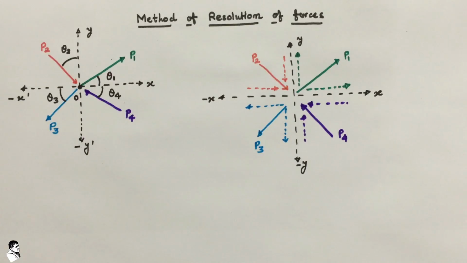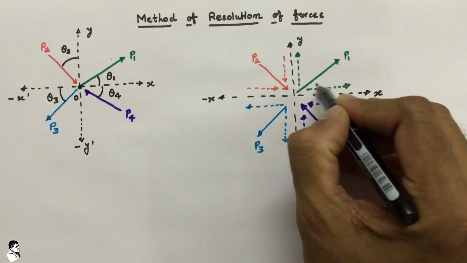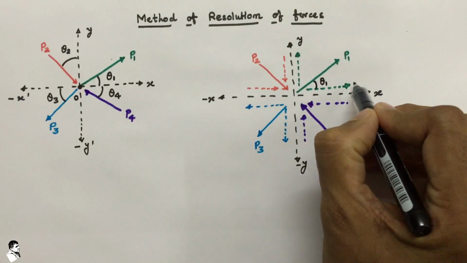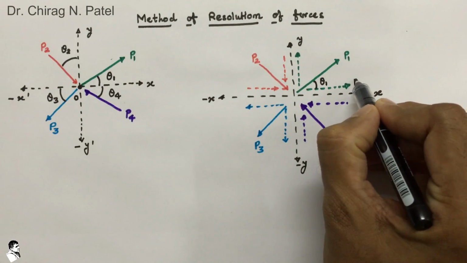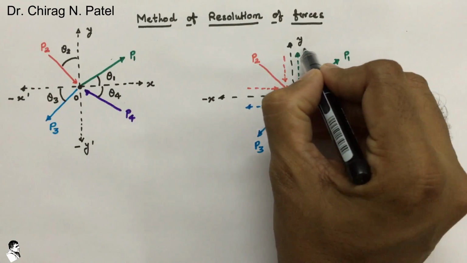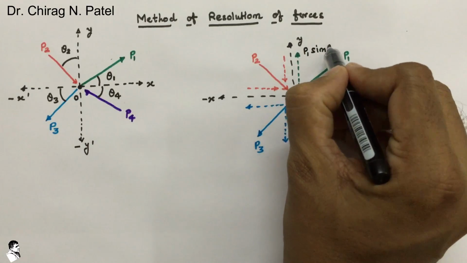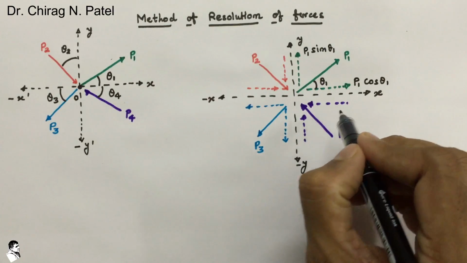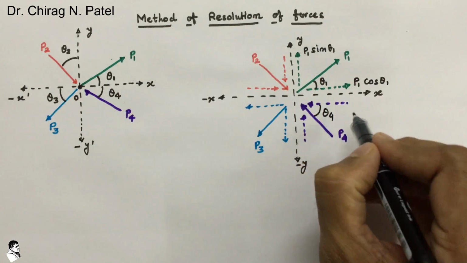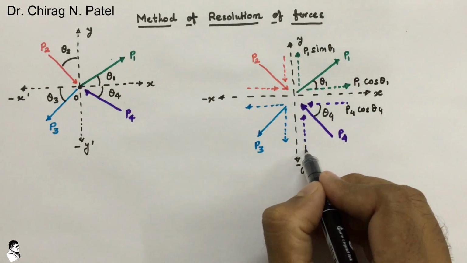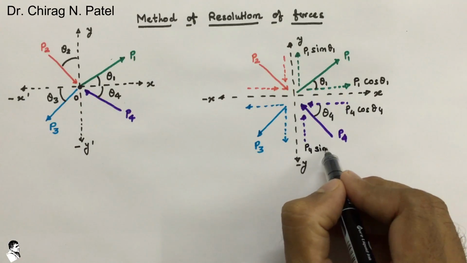Now the angles are given, so we can directly write down, considering force P1 with respect to x, if this is theta 1, using cos, this is P1 cos theta 1, and this one is P1 sin theta 1. These are the two resolved parts of force P1. In the same way, if this is theta 4, then P4 cos theta 4 and here P4 sin theta 4.